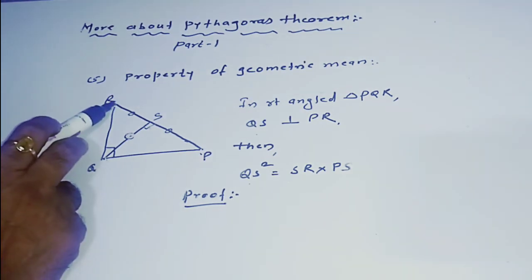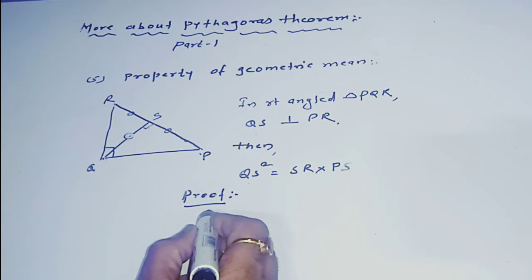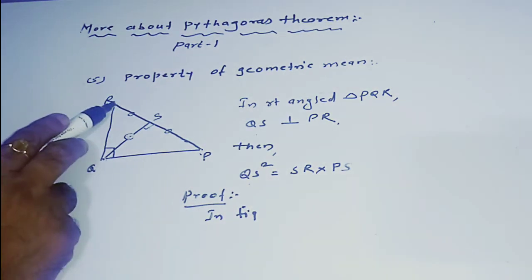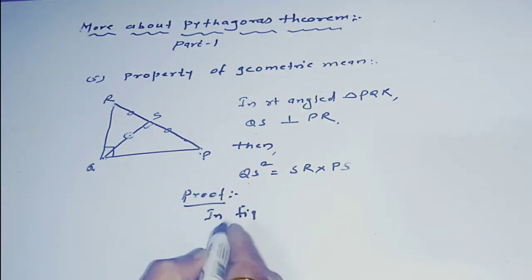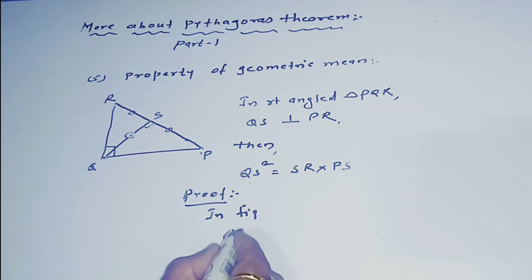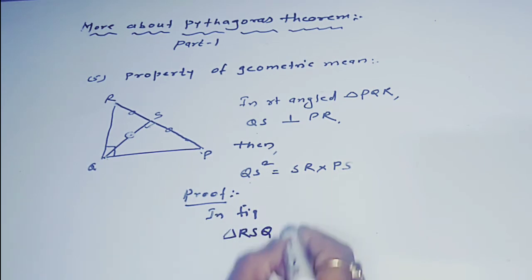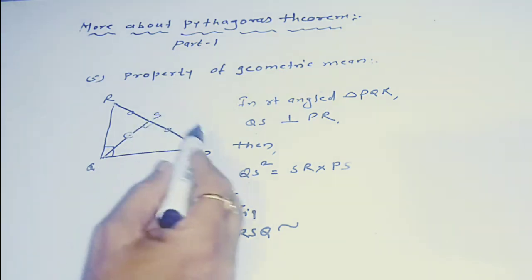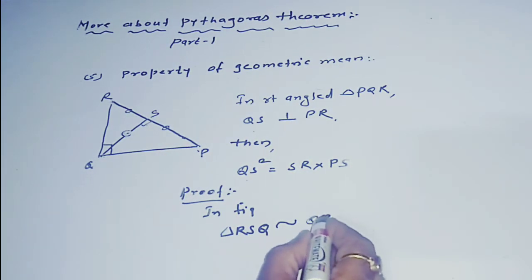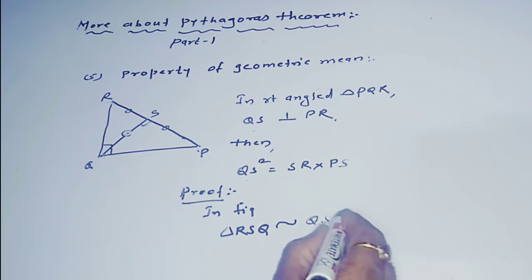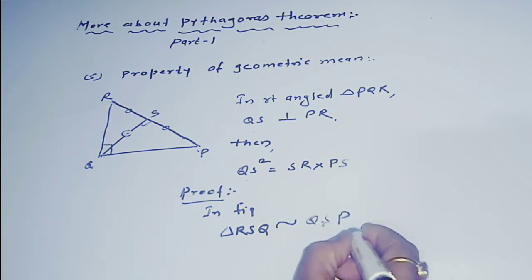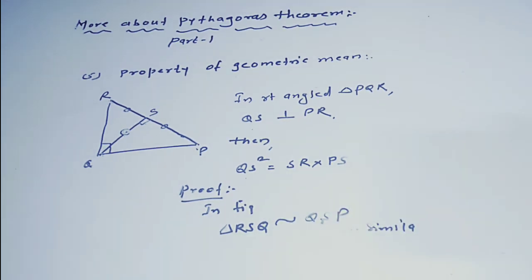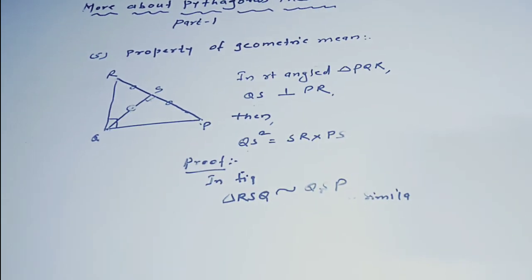So now in the figure, triangle RSQ is similar to triangle QSP. The reason is the similarity in the right angle triangle.